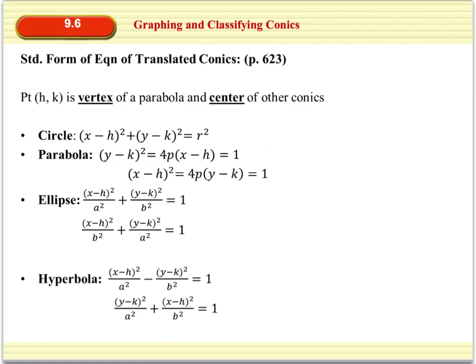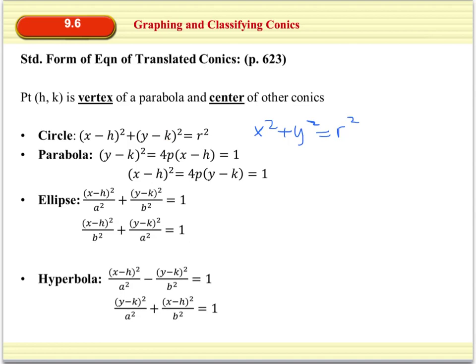Now, listed out here, if I have a circle, remember the standard form of equation of a circle that we've dealt with so far has been x squared plus y squared equals r squared. Now the x squared plus y squared is just an x squared and y squared because it was centered at 0, 0. So if you were to plug in 0 for h and 0 for k, you would still get your x squared plus y squared equals r squared.